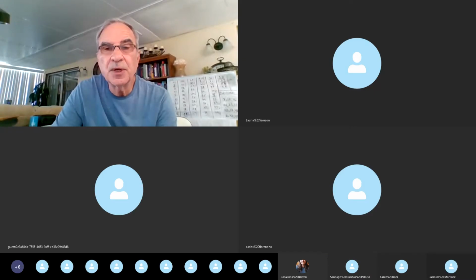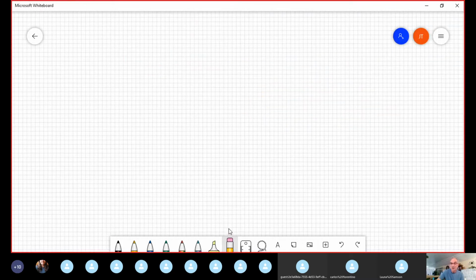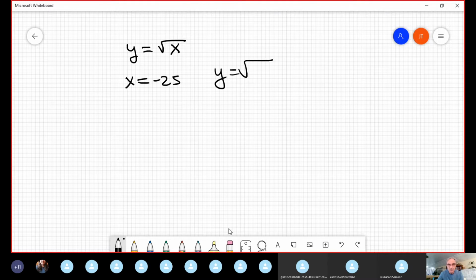I suppose you see the board now? Okay, I want to erase the board. I want to explain what happens with the square root and the cubic root and what is the difference. Suppose the function y equals square root x. Suppose x equals negative 25. y is equal to square root of negative 25.